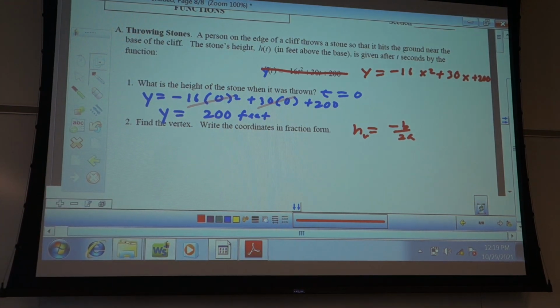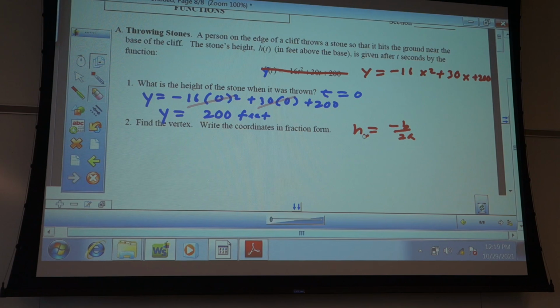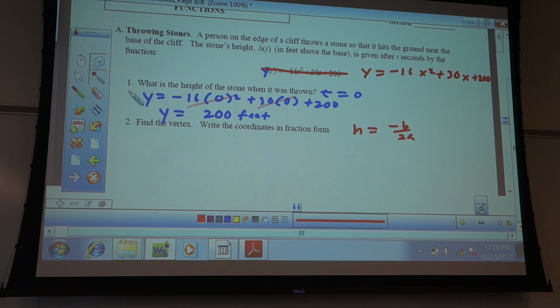The t is time, that's my x. T is x. And my height, h, is y. Time is x.